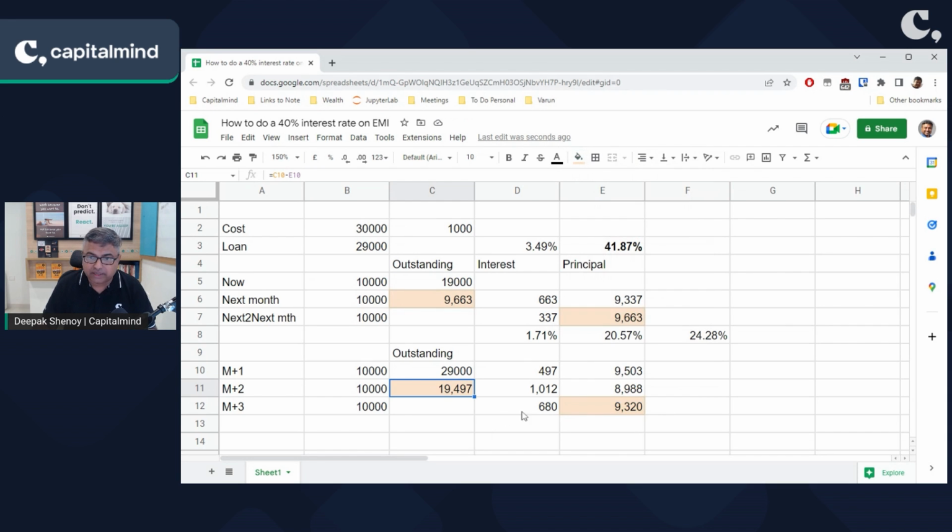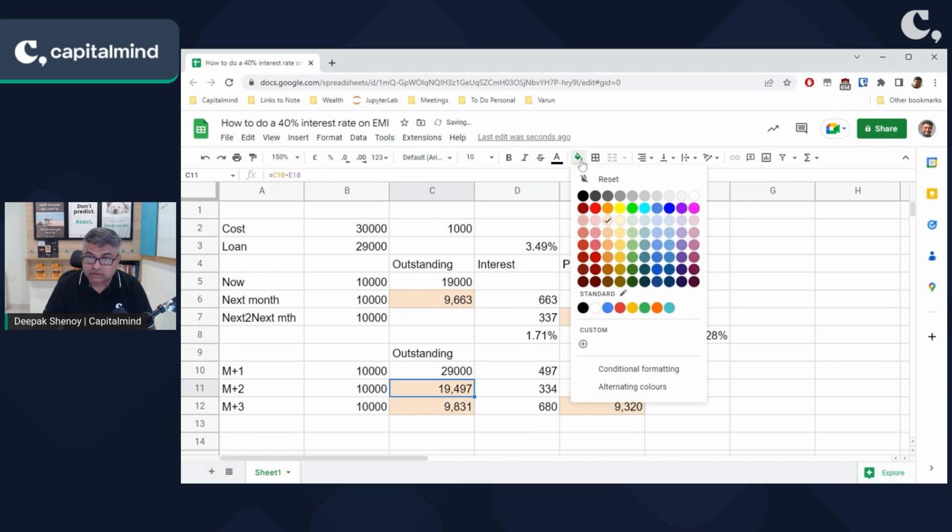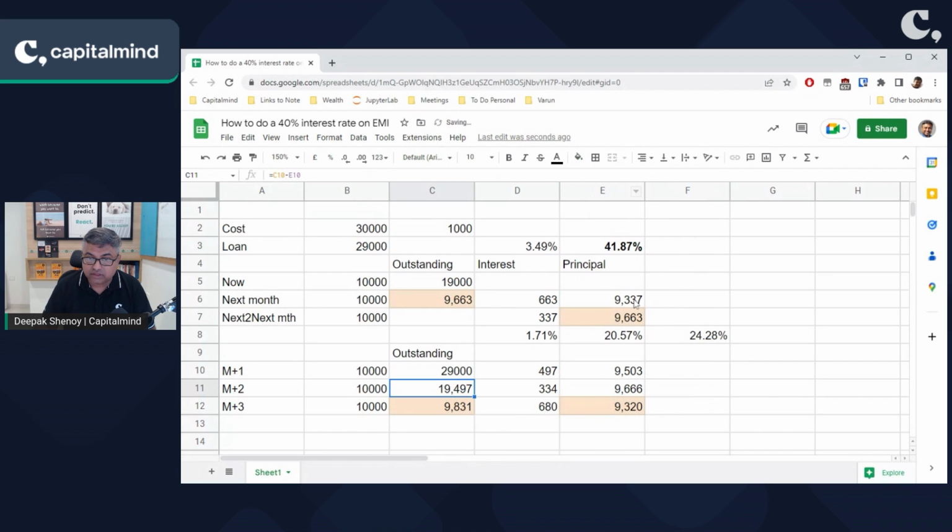So I have this as an outstanding here, and then I put this 334. So 9,831, and if I put this in, this is 9,831. It's the same on both.